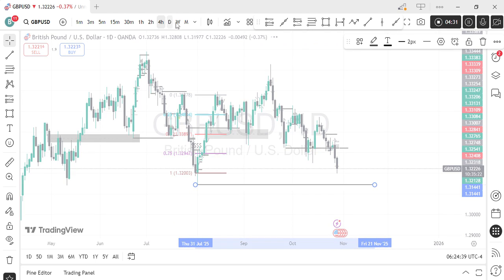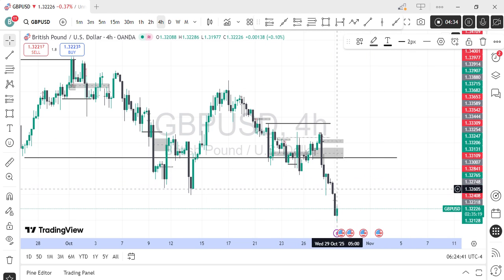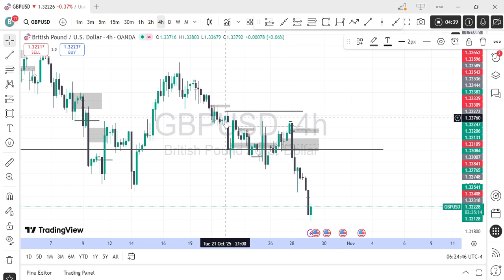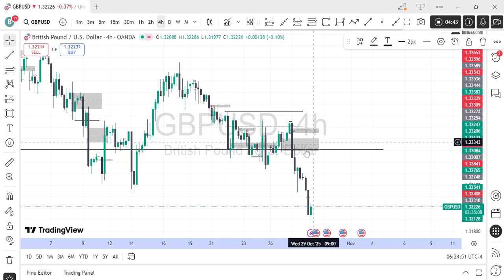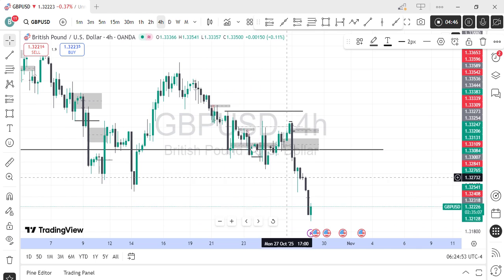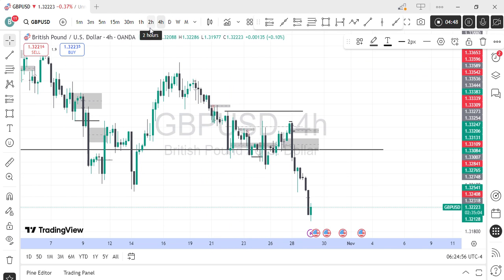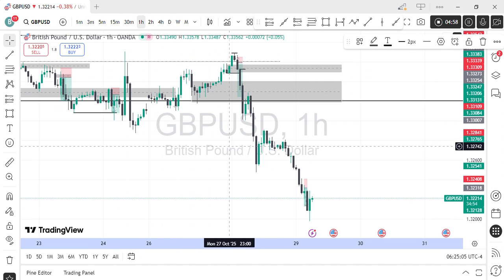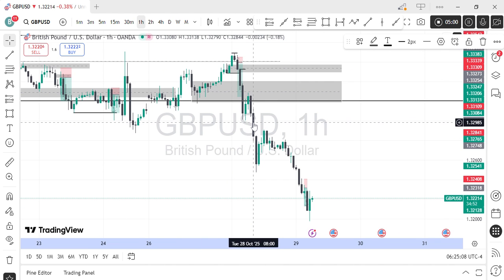Okay, and the 4 hour, this is the way you can use a fair value gap. This is a bearish fair value gap right here. You can use it to counter trend the market downwards. The 1 hour, you can see it's a perfect fair value gap utilization there.